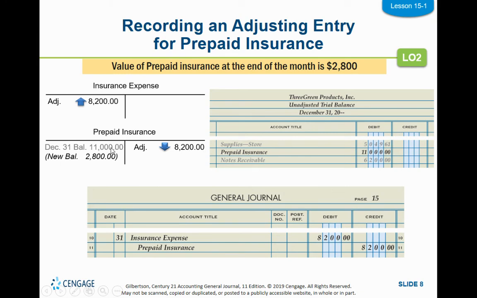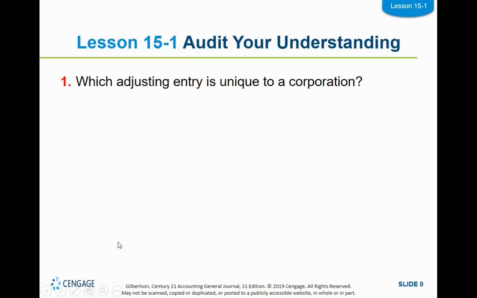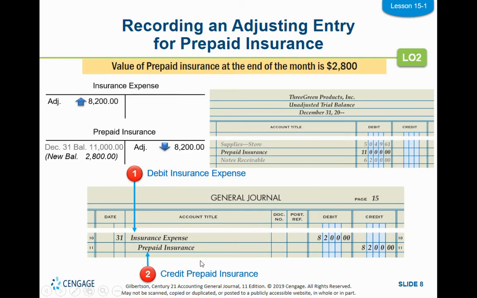Again, prepaid insurance is an asset, so to decrease it, you have to credit it. And then the debit side of that transaction is the insurance expense account. So you do your date, your debit, your credit, and record your journal entry for prepaid insurance.